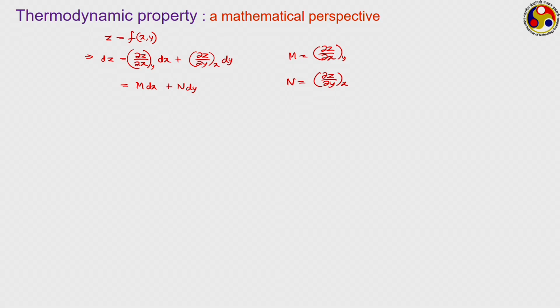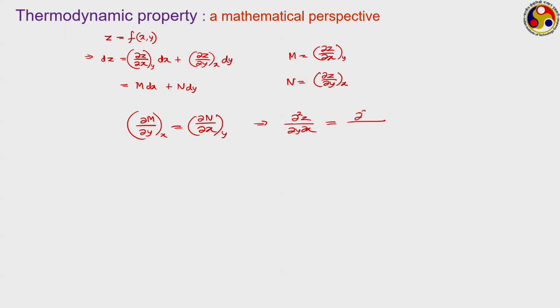If z is a property, then it is a very standard mathematical principle that for z to be an exact function of x and y, or dz to be an exact differential, we need to have dou m dou y with x constant equal to dou n dou x with y constant, because then only we are going to have dou squared z dou y dou x equal to dou squared z dou x dou y.